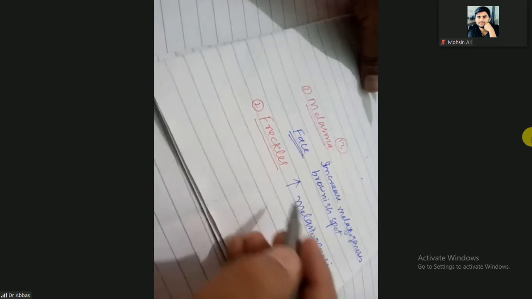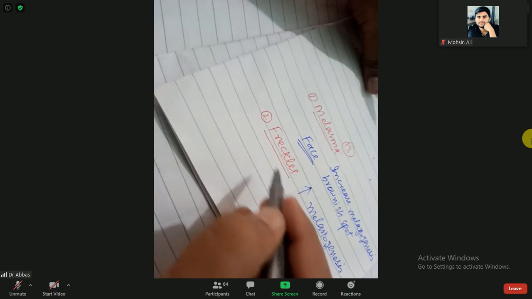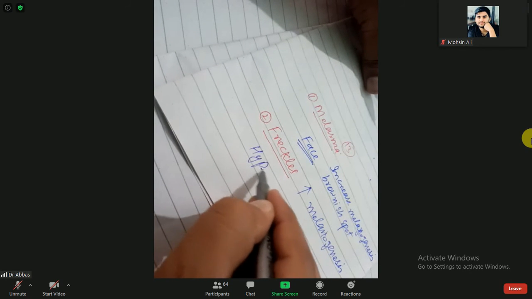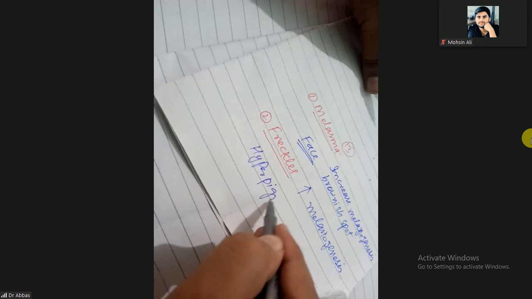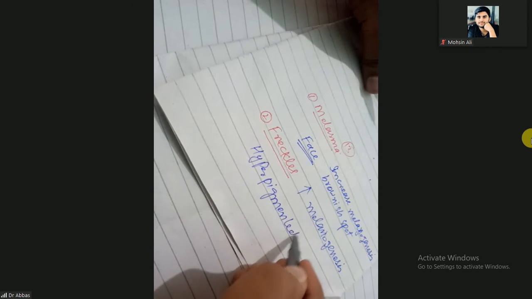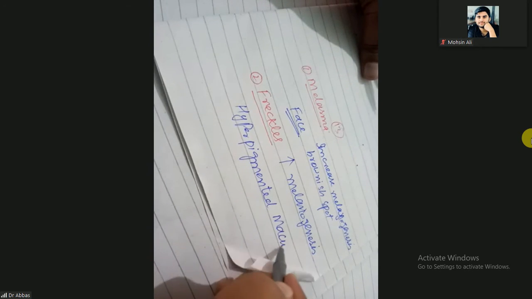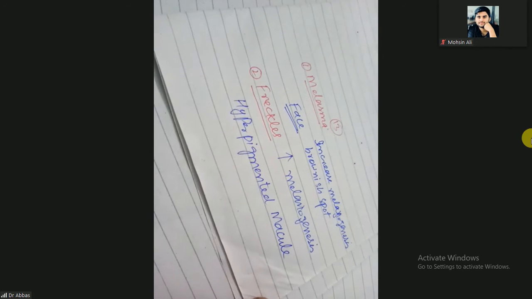So the skin will show a hyperpigmented macule. We have discussed what a macule is. A macule is not raised, not depressed, a flat change in the color of the skin.